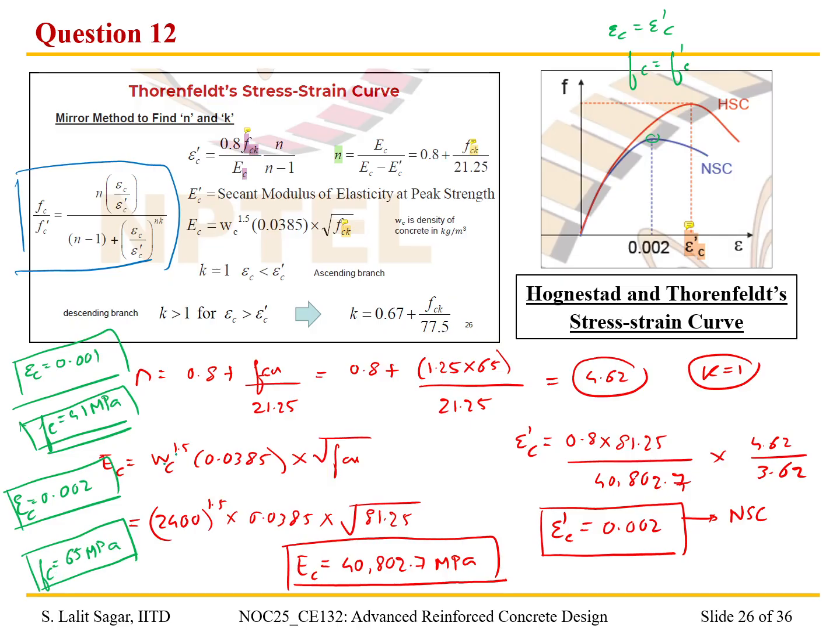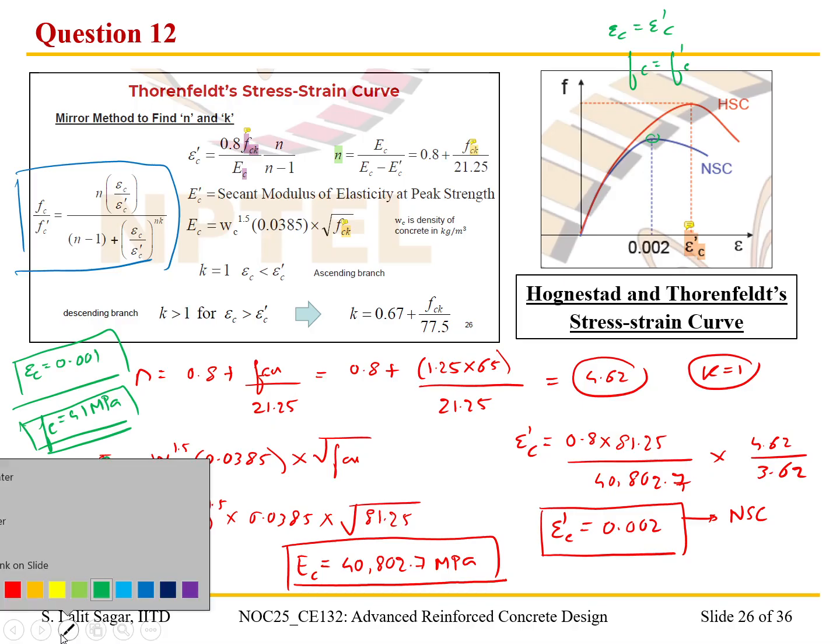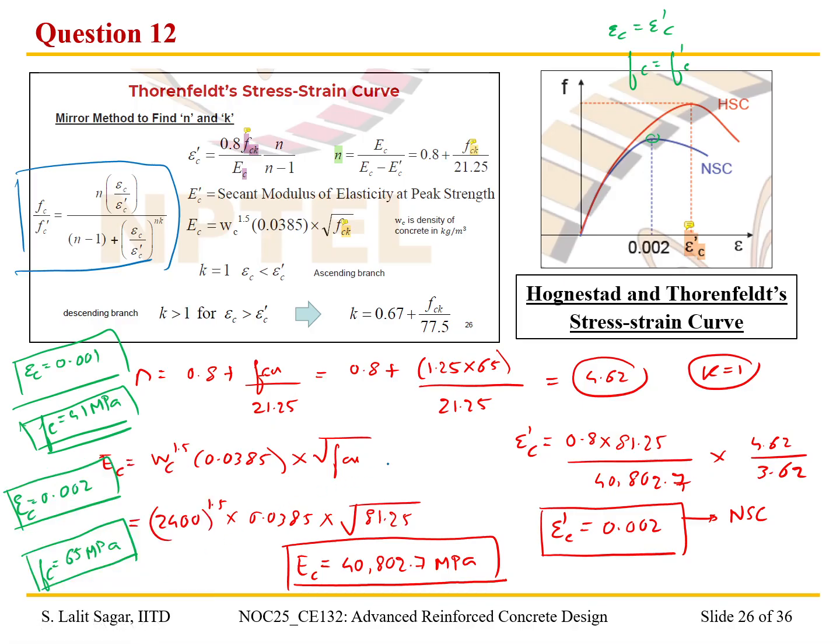Now, we'll go back to the governing equation for the axial members. What is the governing equation for the axial members? P is equal to fc into Ac plus fs into As. Right? This is the governing equation.